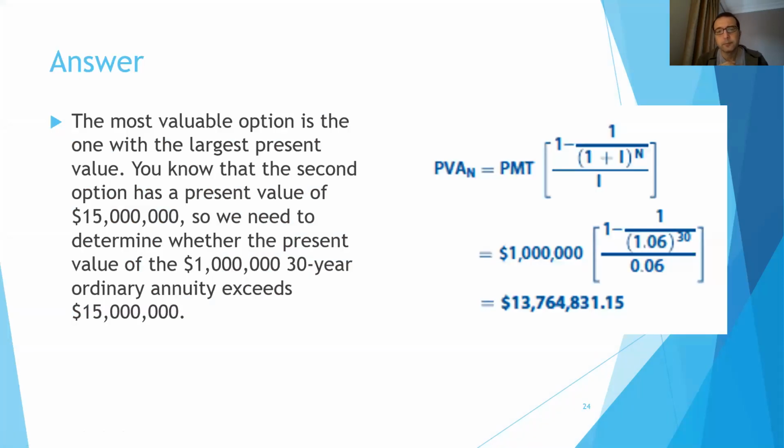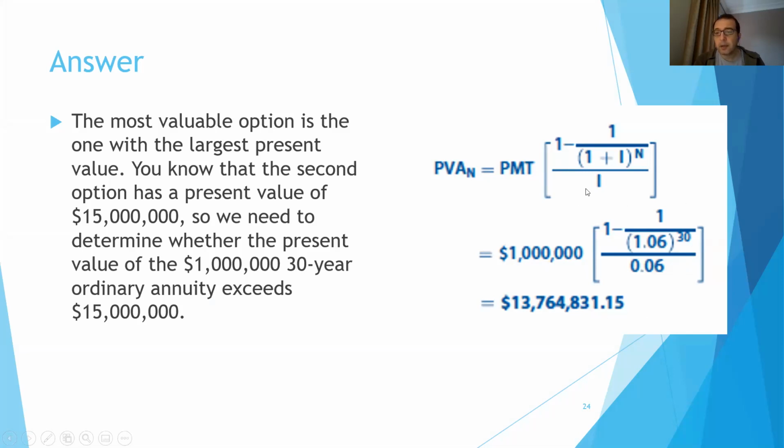So we can calculate it with our present value formula, right? For the second option, it's already 15 million. We don't need to do anything for the second option. For the first option, the payment is $1 million, and the interest rate is 6% for 30 years, right?